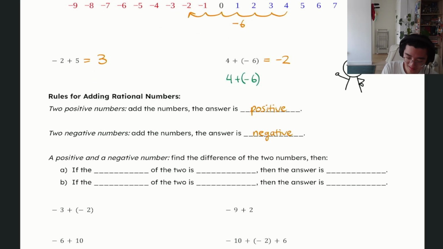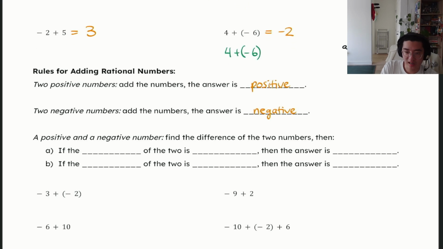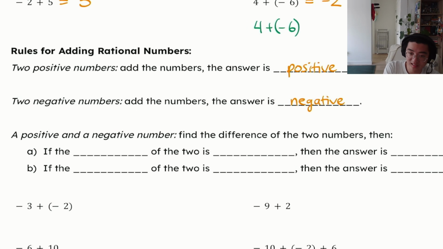Okay, how about here? Positive and negative. If we are adding a positive and a negative, like in both of those cases, we got a -2 and a +5, and a +4 and a -6. In those cases, if the larger of the two is positive, then the answer is also positive.